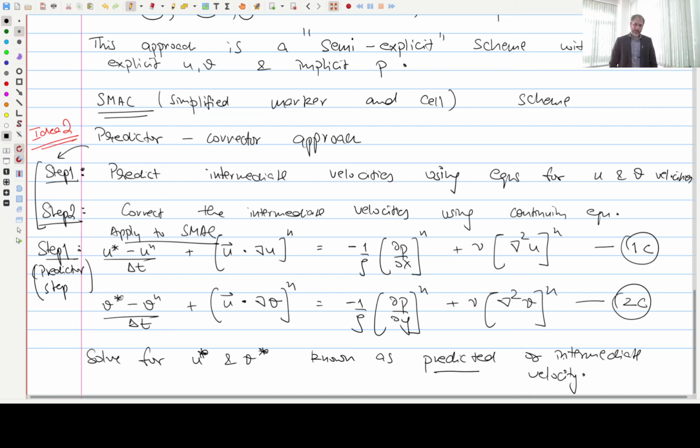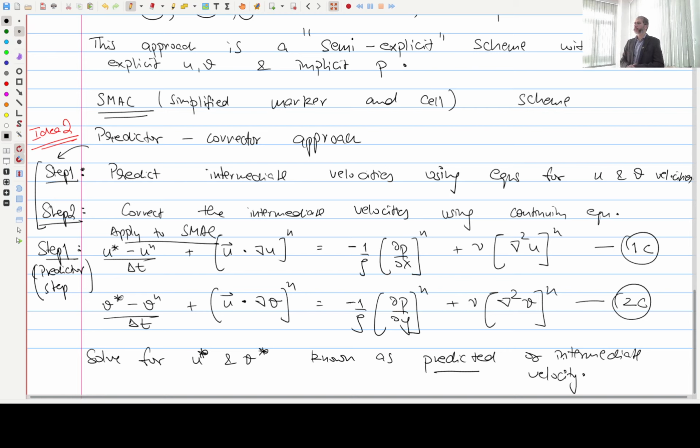So how are 1C and 2C different from 1B and 2B? The pressure term is at nth. So this is basically 1A and 2A, right? We started with this idea, completely explicit, even the pressure was at nth time. But then we said the problem is that it will not satisfy continuity. That is the reason we are not calling it un plus 1 and vn plus 1. We are calling it u star and v star.